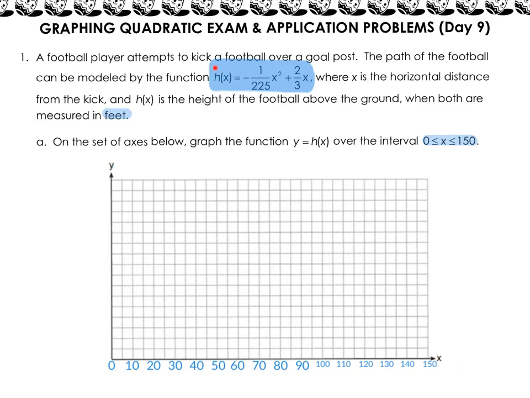Go to y equals in your calculator and put parentheses around the fraction. So it'll be y equals parentheses negative 1 divided by 225 end parentheses, then x squared plus parentheses 2 divided by 3 end parentheses x. If you have the older calculator, that's how you enter it; if you have the newer calculator, you can just put those as fractions.